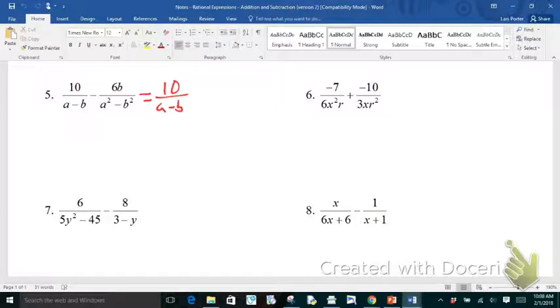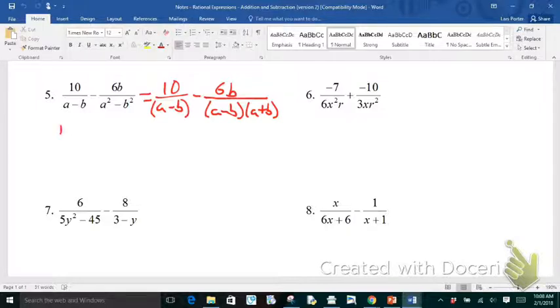So 10 over a minus b. And again, I wish I had strict directions on do this every single time, but it takes looking at these and sometimes just playing around with it to really figure out what you have before you know what to do. This is going to be a minus b times a plus b, factoring difference of 2 squares. So since over here on the left we have an a minus b, and on the right we have an a minus b and an a plus b, it means we have to multiply this left term times a plus b.